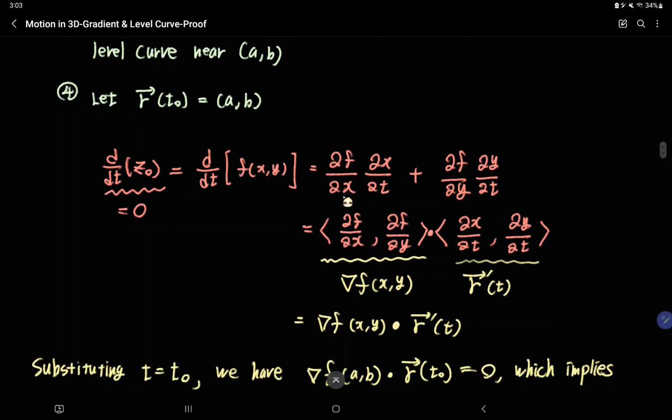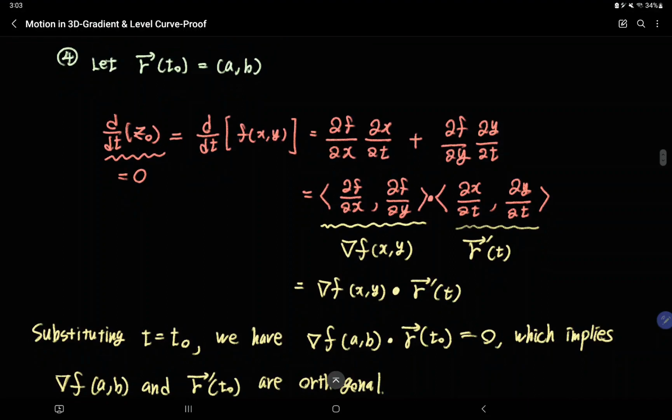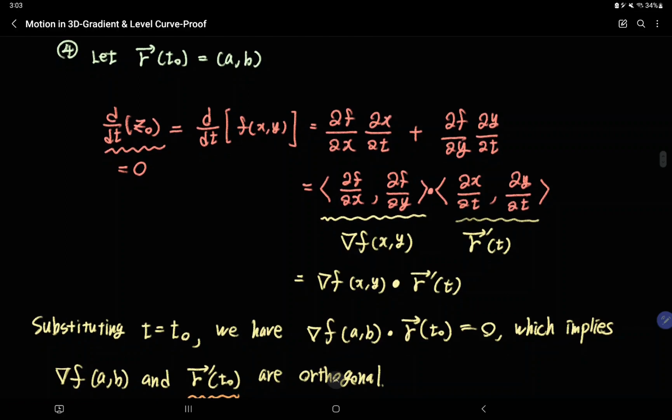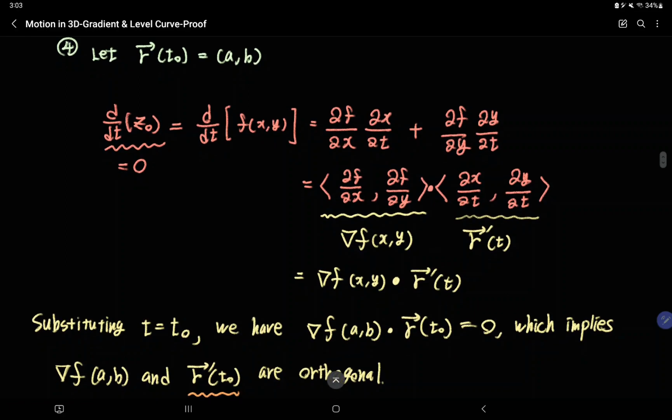Then we can express this as the dot product of two vectors. The first is the gradient, the second is r prime, isn't it? We haven't seen this in the other lecture video proving the theorem regarding the directional derivative. Anyway, we got gradient f dot r prime.